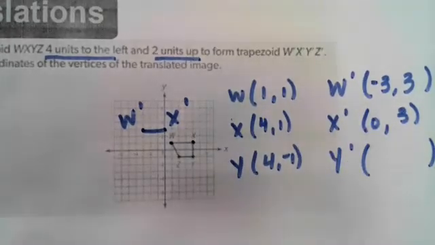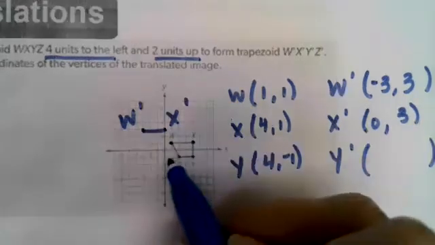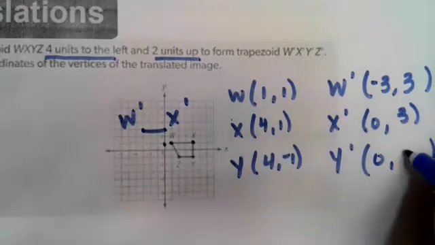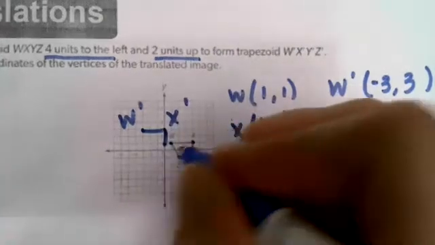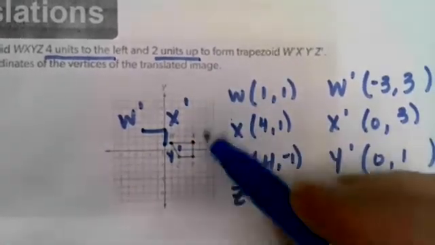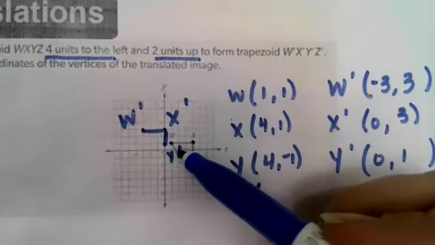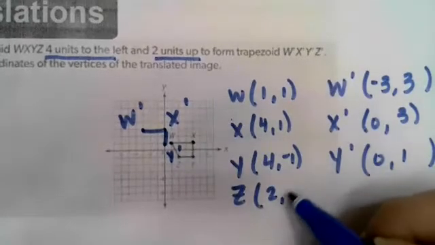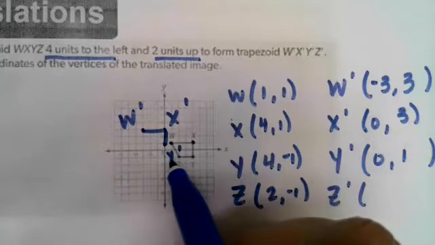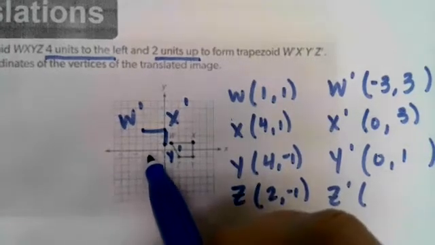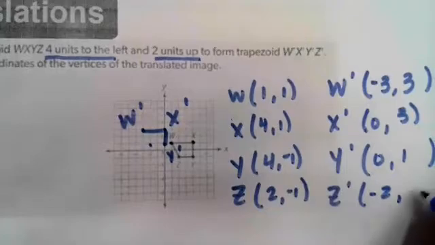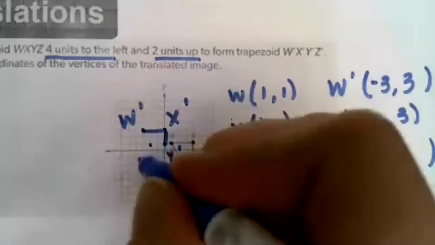For my Y prime, I'm going to go 4 to the left and up 2, so that will be 0, 1. There is my Y prime. And then my Z coordinate is 2, -1. So my Z prime coordinate, going to the left 4 and up 2, will be -2, 1.